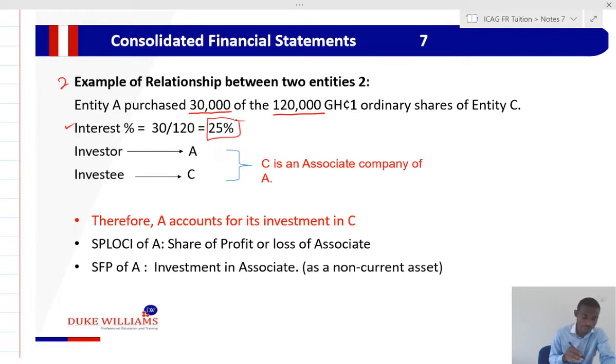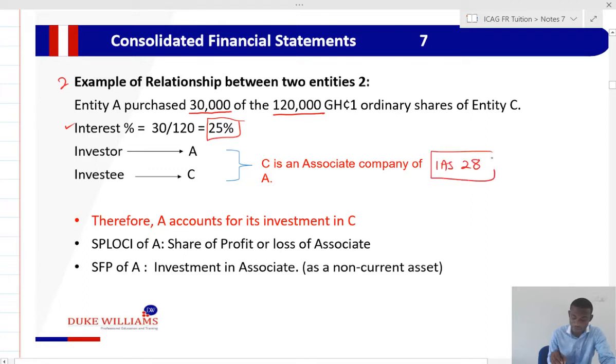So our conclusion is that we have investor A and the investee C, and investee C is an associate of investor A, and that they will be accounted for under IAS 28, not the group account.